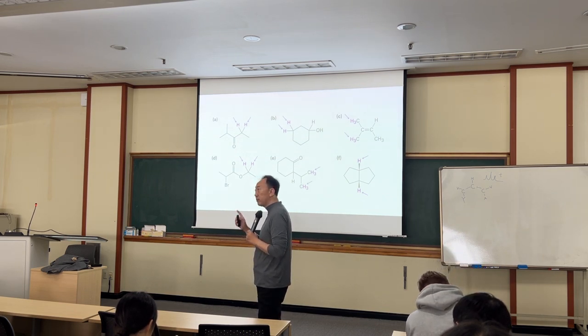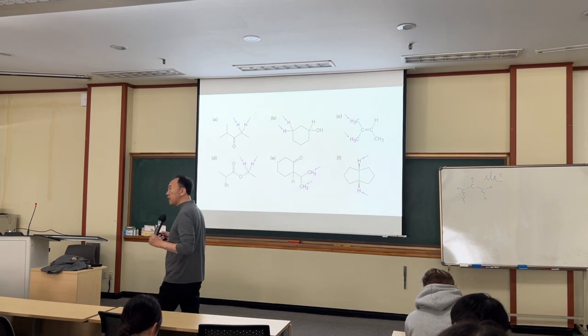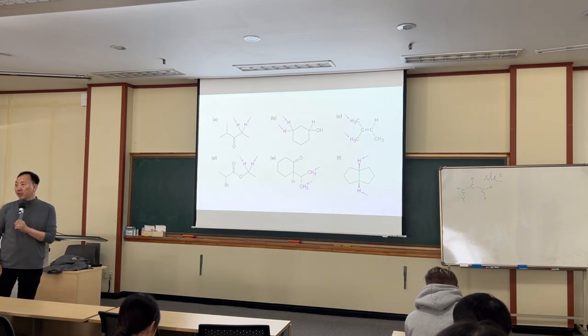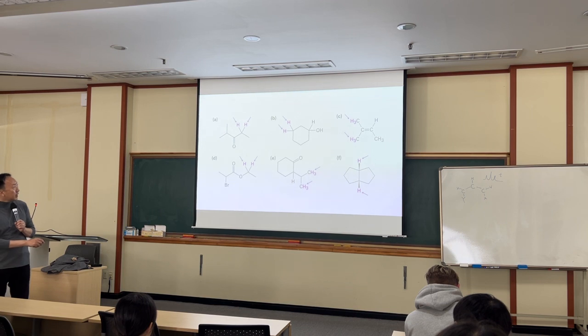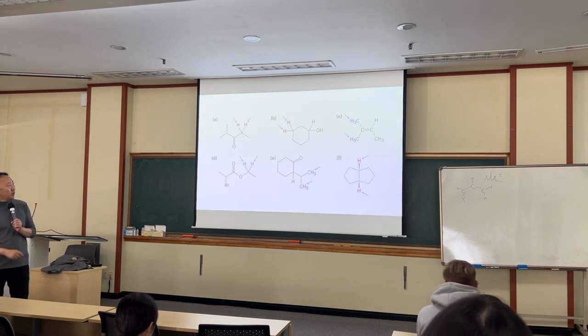Only one peak. Even though an enantiomer is formed, an enantiomer does not give you a different NMR spectrum. Enantiomers are also physically the same. How about this? This is diastereotopic because there is a chirality center here. That's why this position may be different.